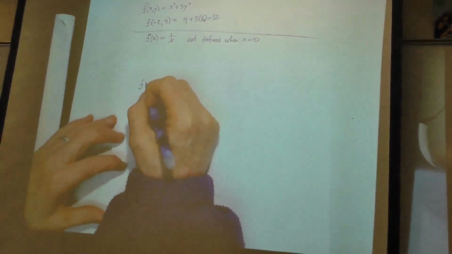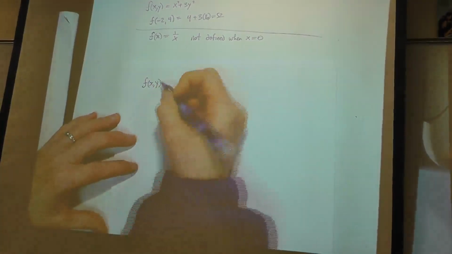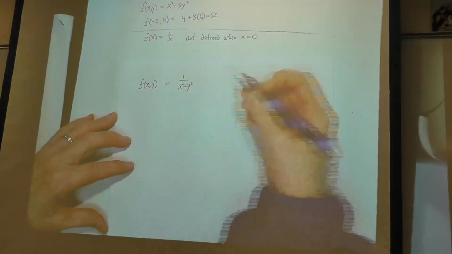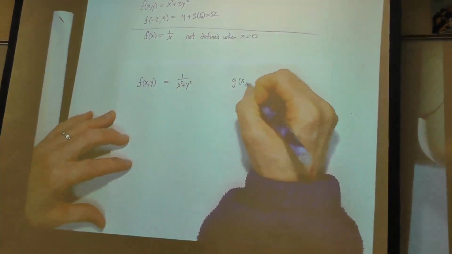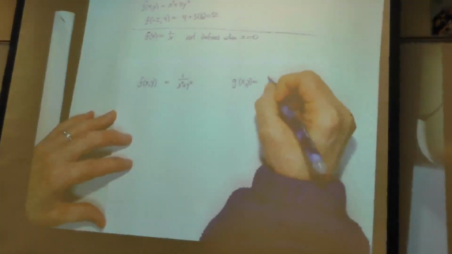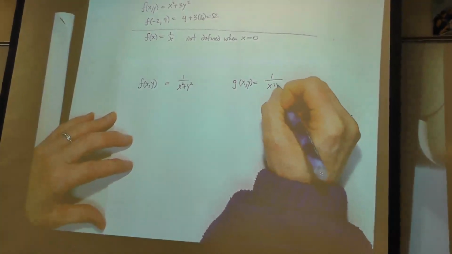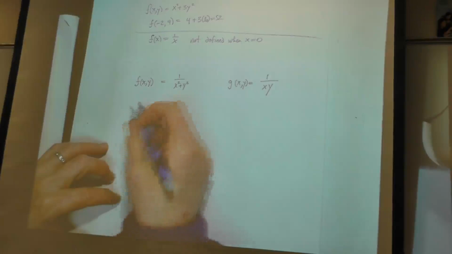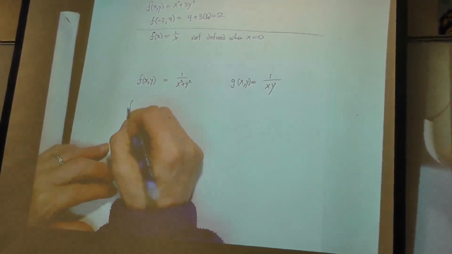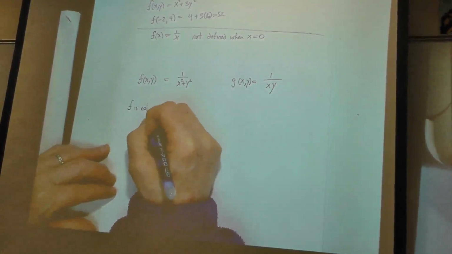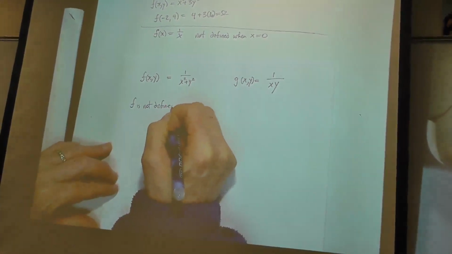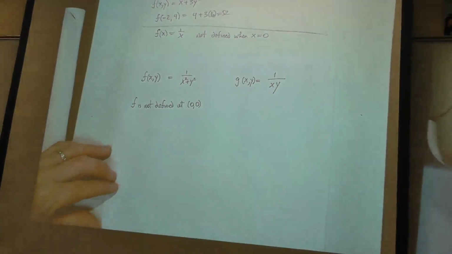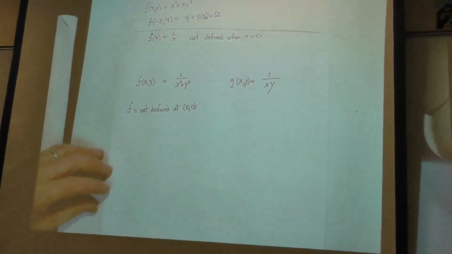So if I have f of x, y equaling 1 over x squared plus y squared, and g of x, y equals 1 over x times y, in neither case can we divide by 0, but in this case, f is not defined at the origin. Every other x, y, it's defined at.